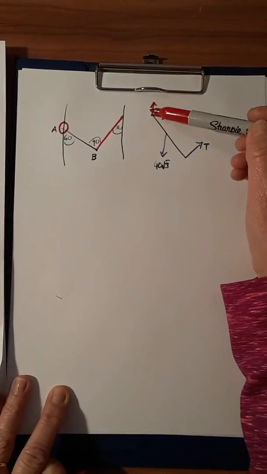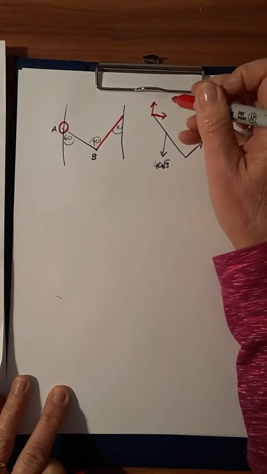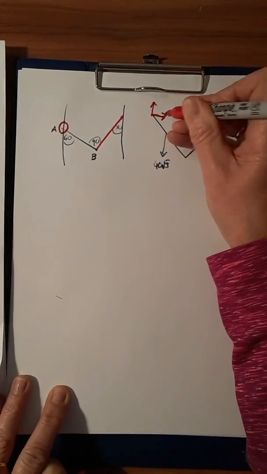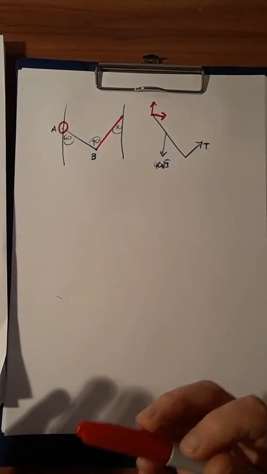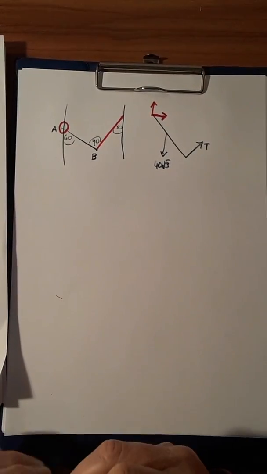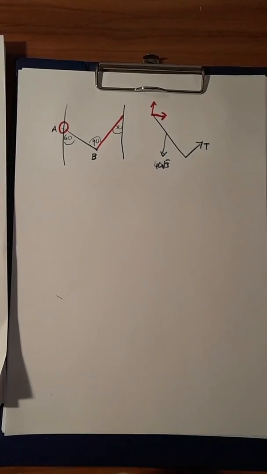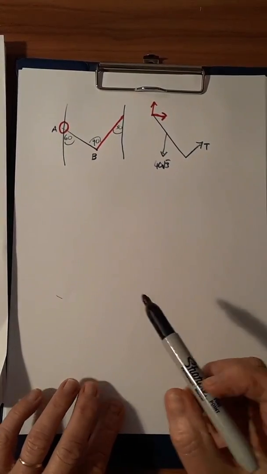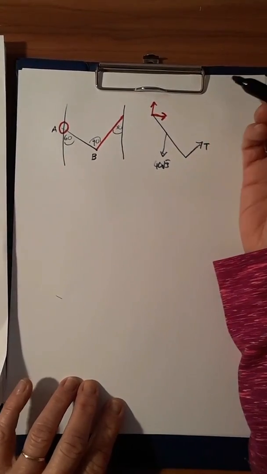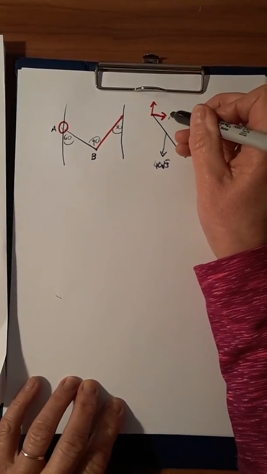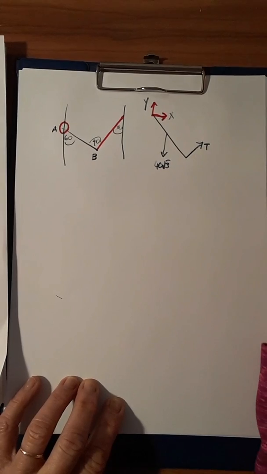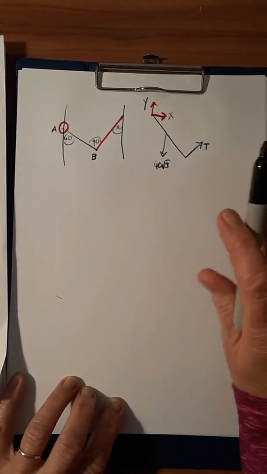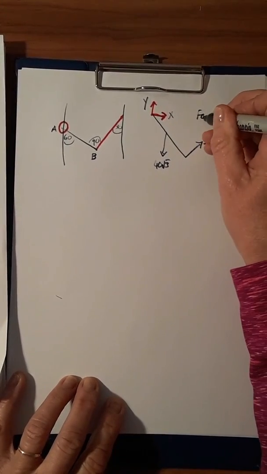So say positive y-axis, positive x-axis, and it doesn't matter, because as you're going through the question, the signs of the forces will sort themselves out, and you'll actually see which way they're acting. So just start off, put them in the positive direction. Now I'm going to call this the x component, and this is the y component of the hinge. Okay, so they're my forces. That's my force diagram.